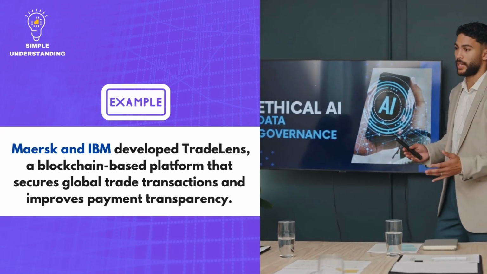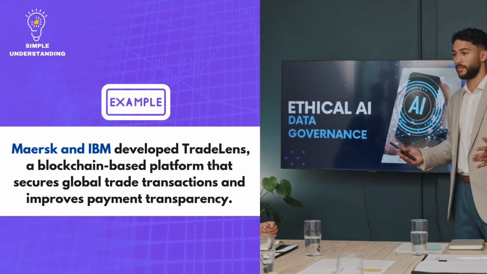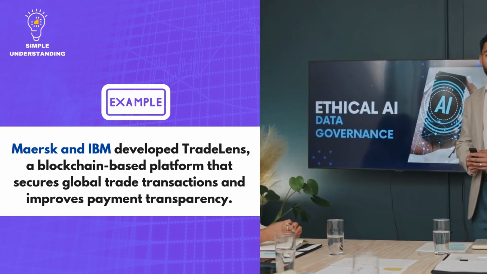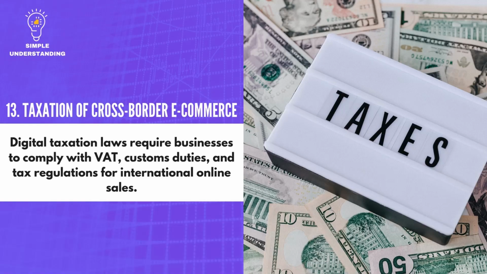Maersk and IBM developed TradeLens, a blockchain-based platform that secures global trade transactions and improves payment transparency. Expansion. Businesses adopt AI-driven fraud detection, smart contract automation, and digital currency transactions to streamline cross-border payments and reduce financial risks.